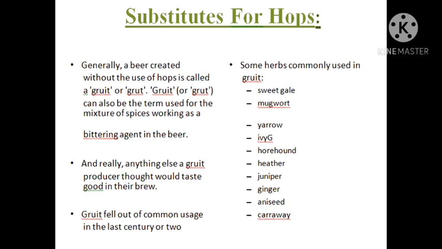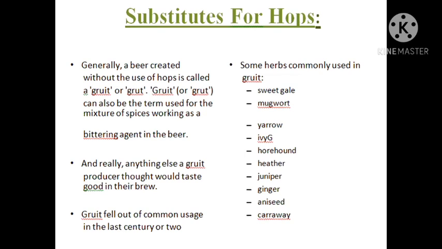Really anything else a brewer thought would taste good in their brew could go into a gruit. Gruit fell out of common use in the last couple of centuries. Some herbs commonly used in gruits: sweet gale, mugwort, yarrow, wild rosemary, heather, juniper.